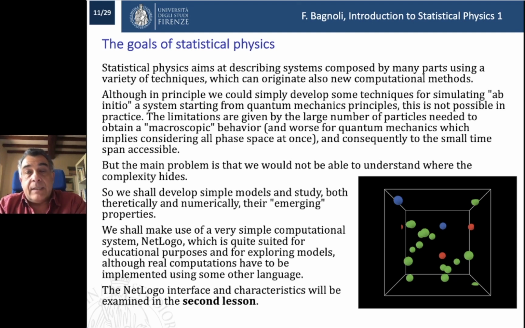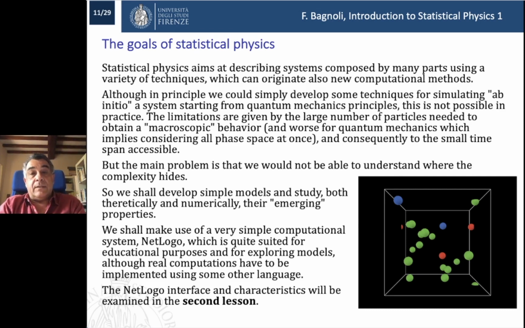Clearly, we shall investigate these systems from a quantum mechanics point of view, essentially by exploiting the fact that quantum particles are indistinguishable and also can be excluded or not according to whether they are fermions or bosons.